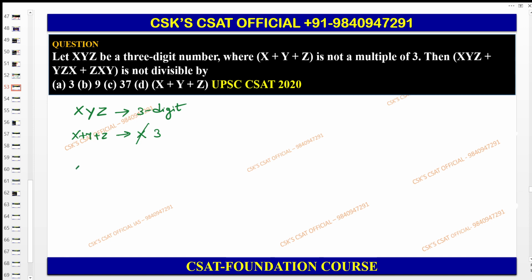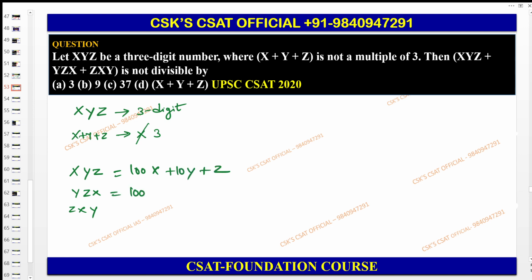Now XYZ, YZX, ZXY is not divisible by, first of all check with the numbers which are divisible, then eliminate those from the options, then the rest of the numbers are the not divisible ones. That's it. So simple logic here. Now you know the concept called place value. X in the 100 place, Y in the 10th place, Z in the unit place.